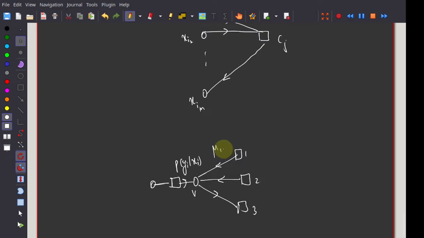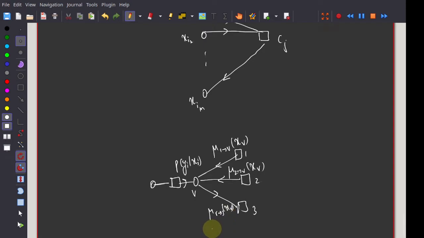So mu 1 to v is a function of just xv. Similarly, mu 2 to v is just a function of xv. And the outgoing message is also a function of xv.